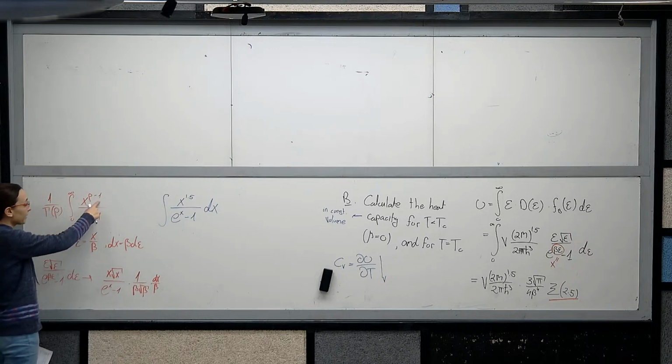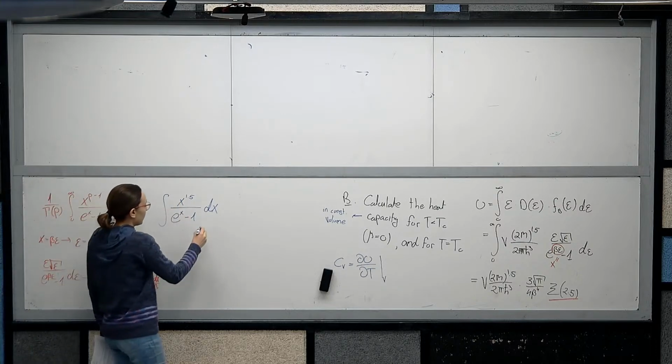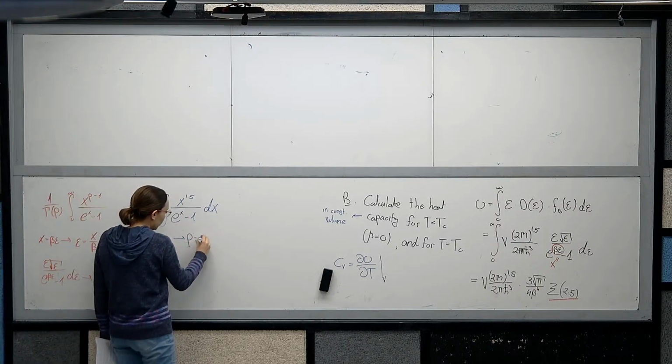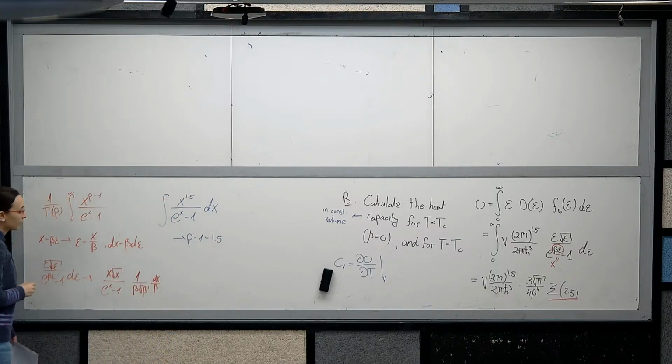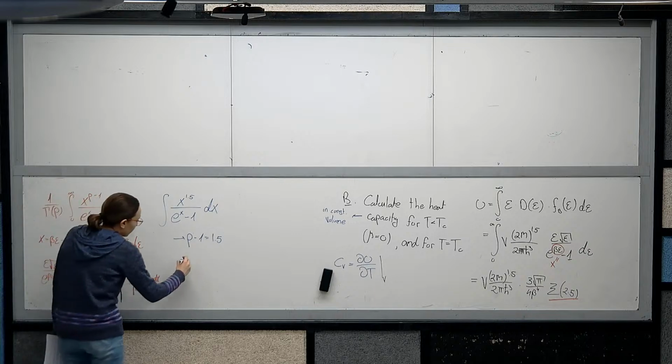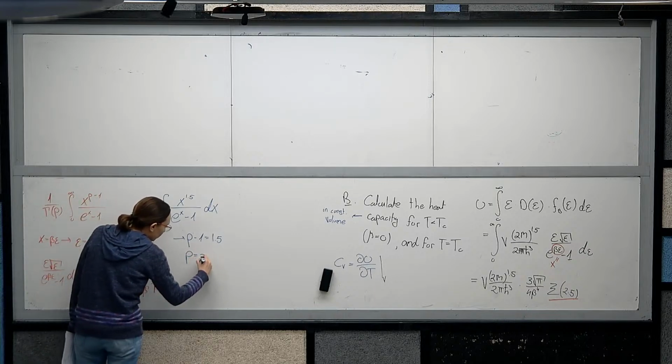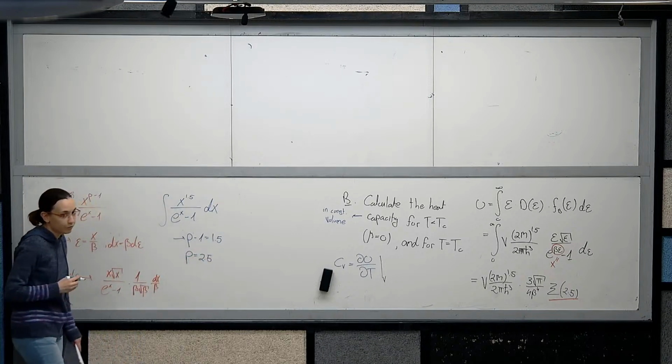We only need to find this p, right? So here p minus 1 equals 1.5, so p equals 2.5.